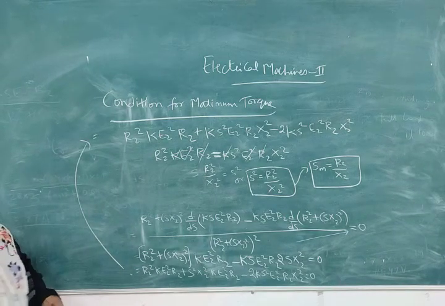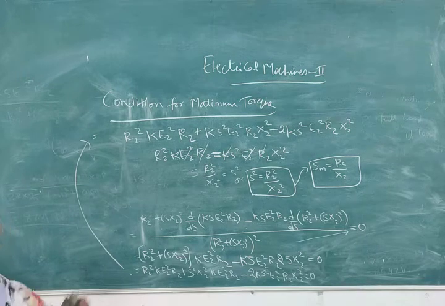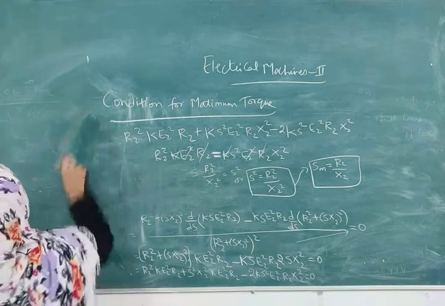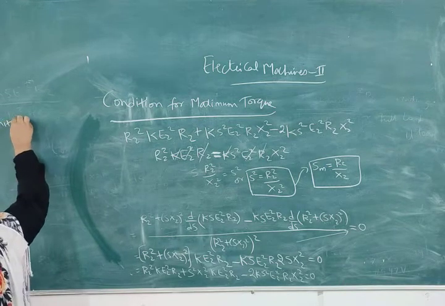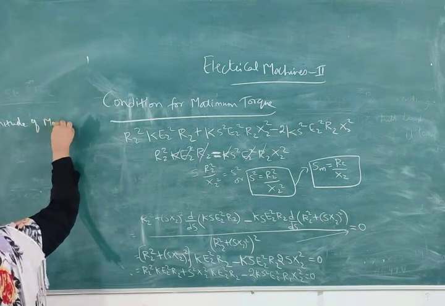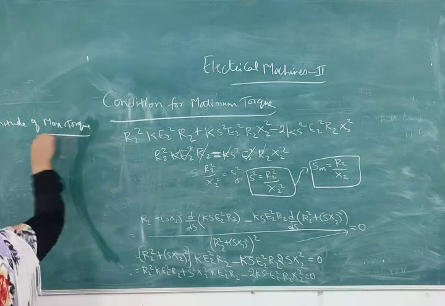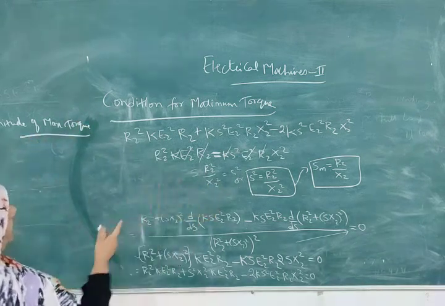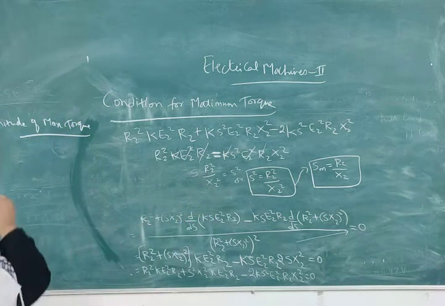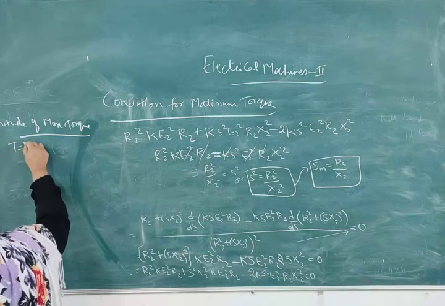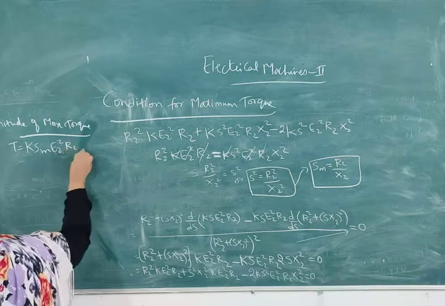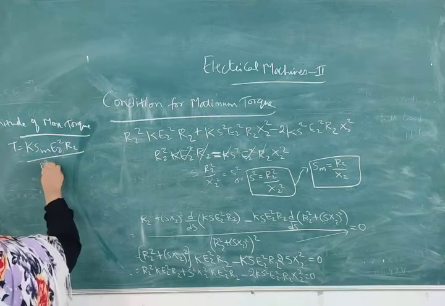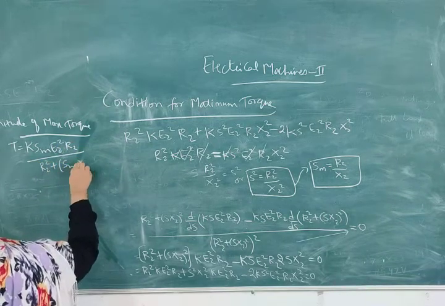And you can also calculate the magnitude of maximum torque. The magnitude of maximum torque can be obtained by substituting the value of s as Sm in the torque equation. So the torque equation is T is equal to K Sm E2 square R2 by R2 square plus (Sm x2) whole square.